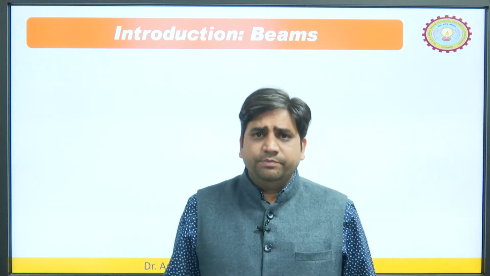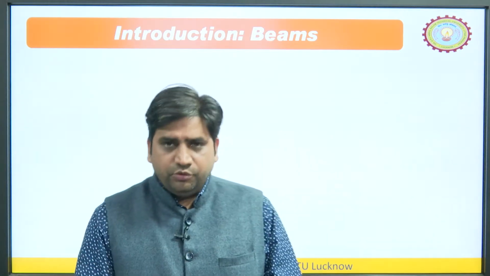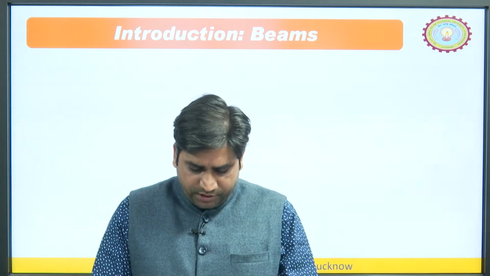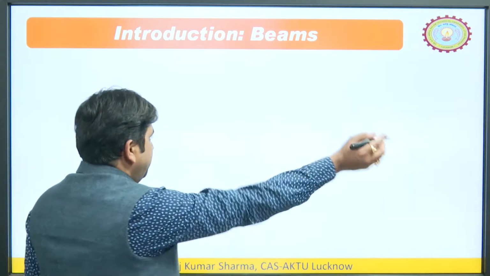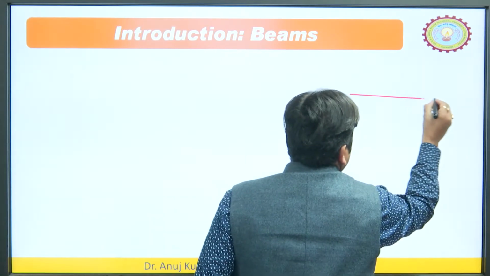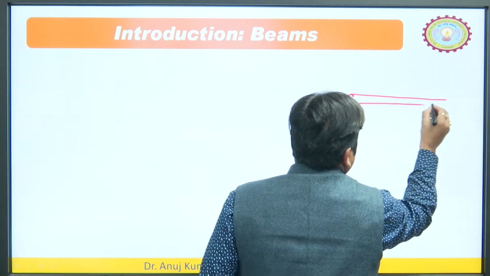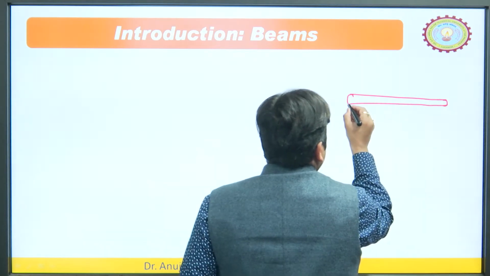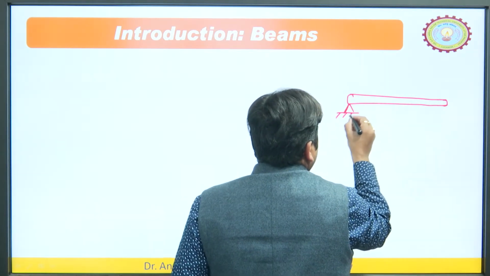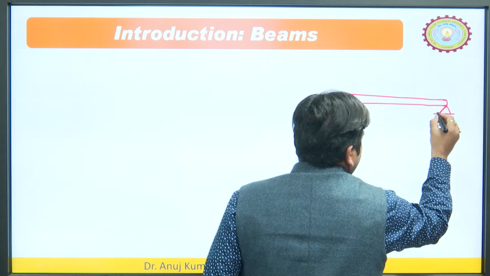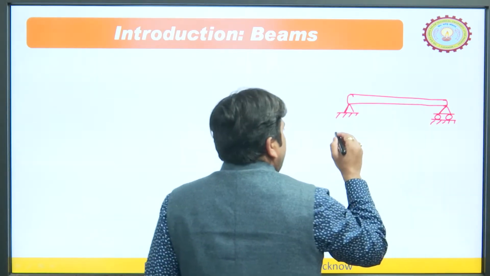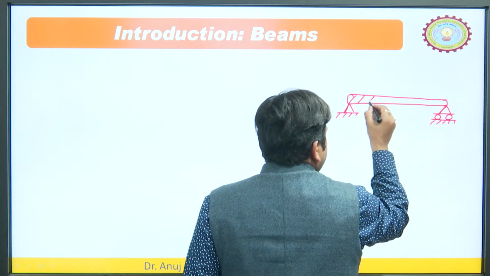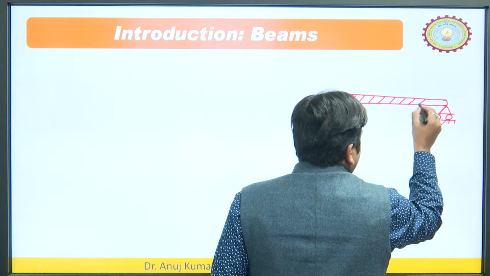So, basically what is a beam? First of all we should know what a beam is. A beam is a structural member. If we see from the diagram, this may be the horizontal member supported by some supports. This member is the beam.